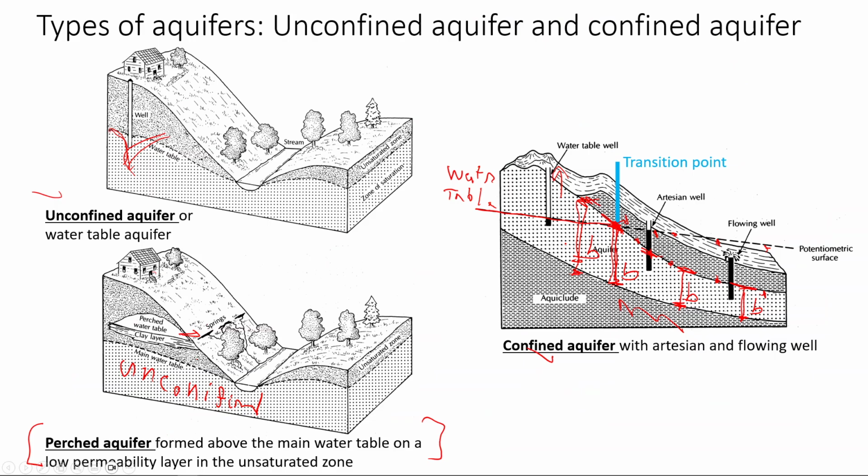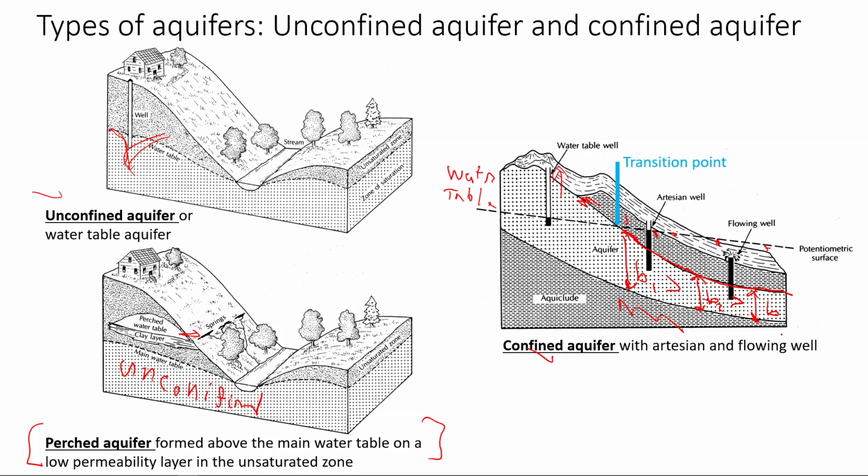I showed you an example here. You see B here is different from B here, and different from B here. So B1 is bigger than B2, which is bigger than B3, but each B itself does not change. Once you start pumping the water, this thickness will not change.